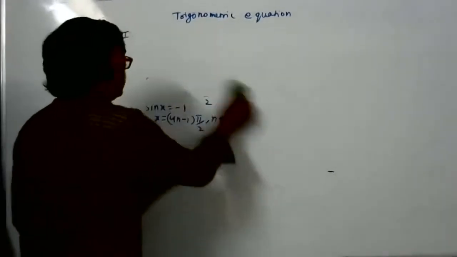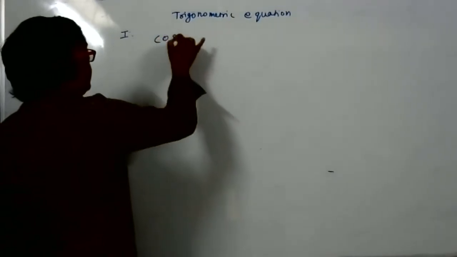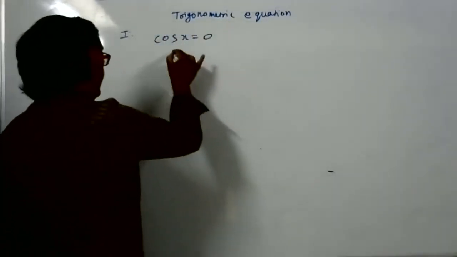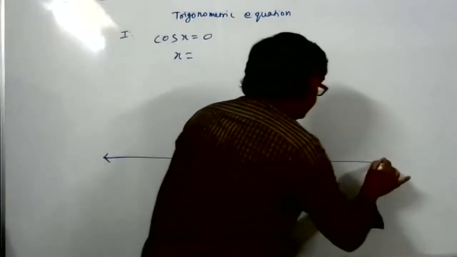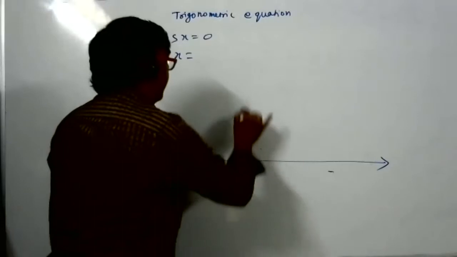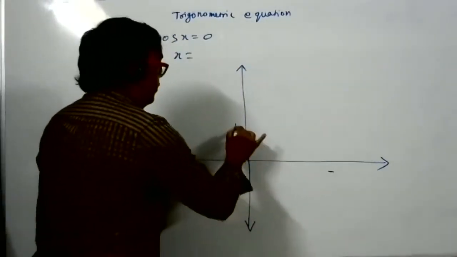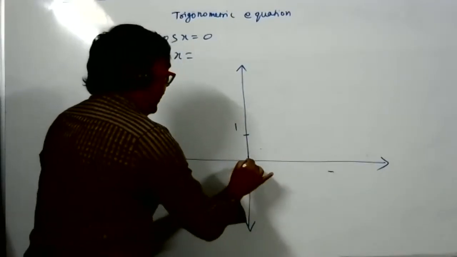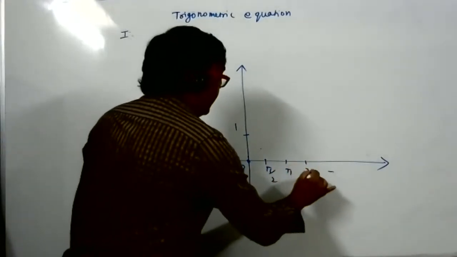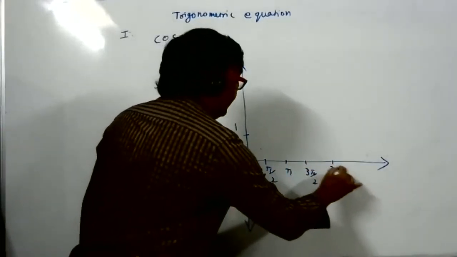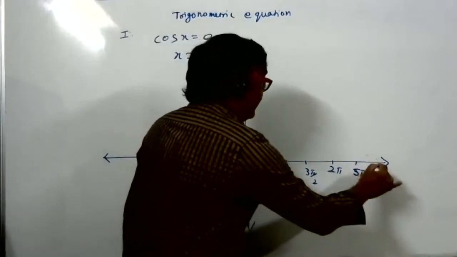This is over. Next one, cos x. Cos x is 0 means what is the angle? Answer, x is how much? Again, to understand this, we can draw the graph of cos x. You people know it very well. The graph will be between 1 and minus 1. Draw fast the angles: 0, pi by 2, pi, 3 pi by 2, 2 pi, 5 pi by 2, 3 pi.